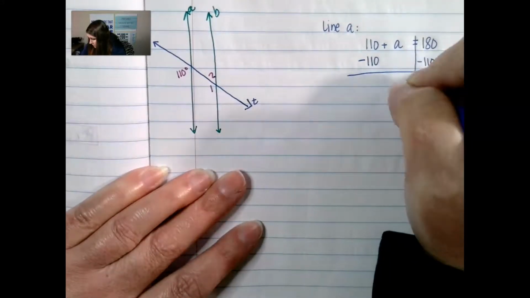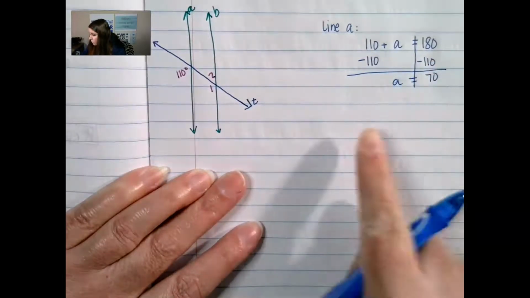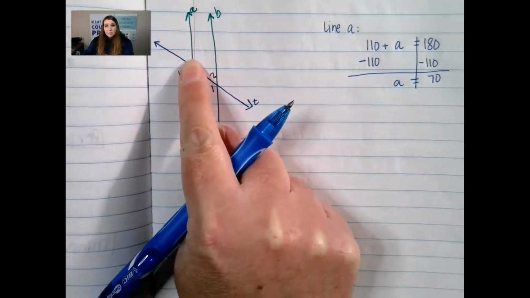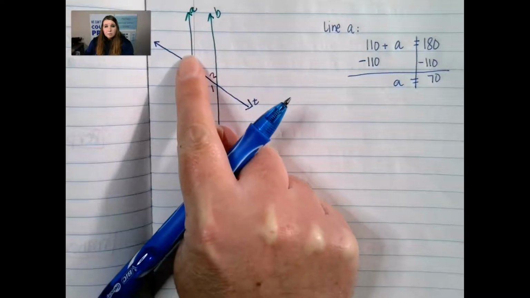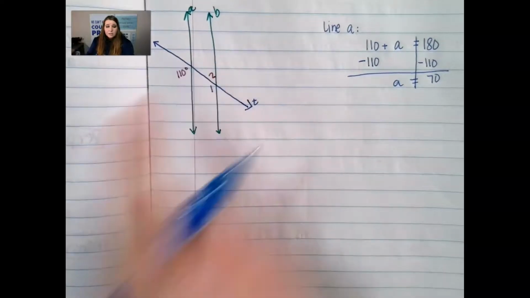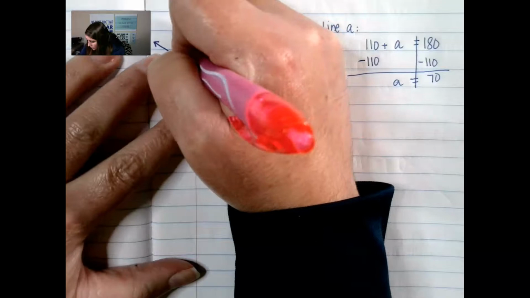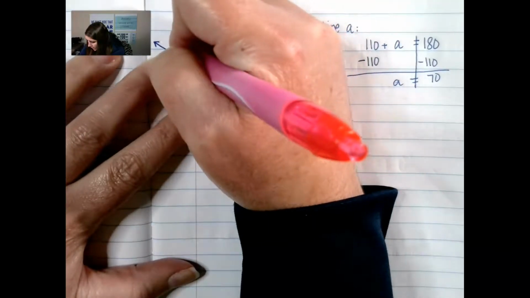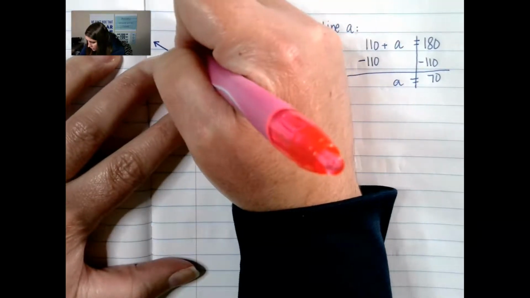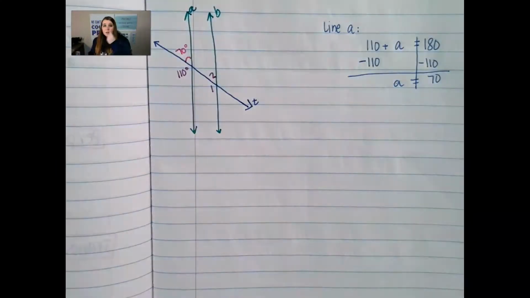And that gives me 70. So I know that this measure right here, this measure that was unknown, is going to equal 70. So let's maybe switch colors here. So this angle here, this unknown, has to equal 70 degrees.